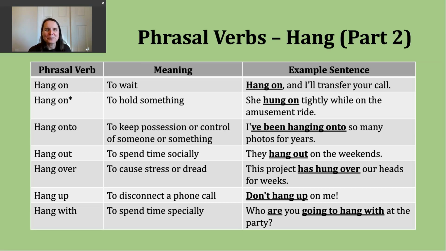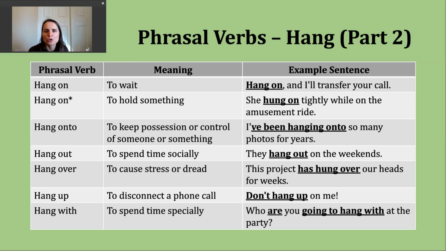The next phrasal verb we'll look at is to hang out. This means to spend time socially. So, this phrasal verb is, I think, pretty common to hear with teenagers and kids. I feel like so many that I speak to, when I ask, what do you enjoy? I like hanging out with my friends, right?